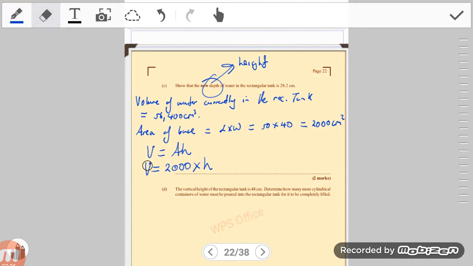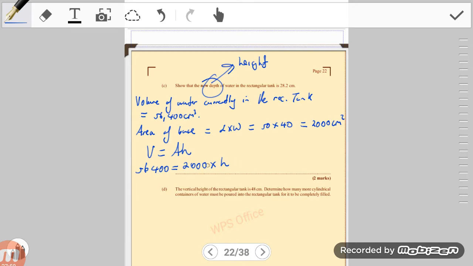But I need to erase this V here because we know the volume. The volume is actually 56,400. Let's just create some space here, guys. So the volume is 56,400, and that's going to be equated to the area, which is 2000, times the height. And that is height, so it's just going to be in centimeter.